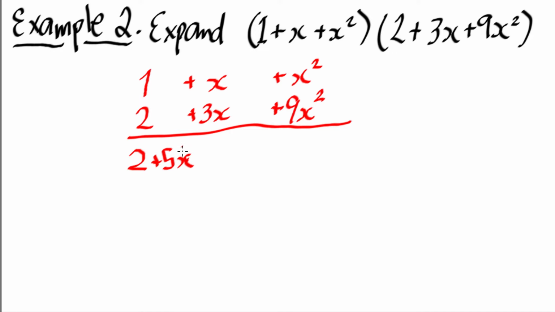And then let's do the complete crosswise method, when we're going to multiply 1 times 9x squared. That's going to be 9x squared. The two middle terms: x times 3x is going to give us 3x squared, and then 2 times 2x gives us 4x squared. So all of them are positive, so there's no problem about the signs. So this is going to give us 14x squared.